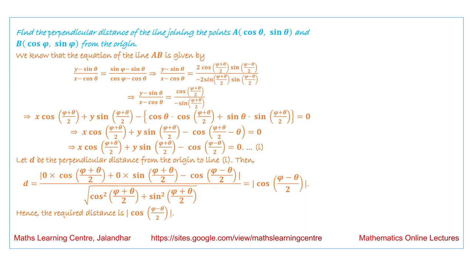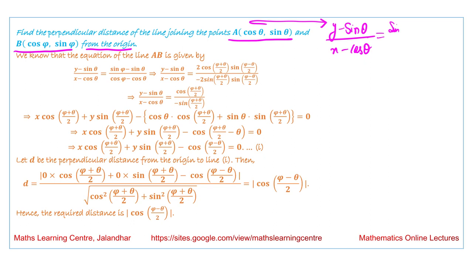Next is, find the perpendicular distance of the line joining the points from the origin. These are the 2 points given. So first of all, we are calculating the equation of this line. So it is (y minus sine theta) divided by (x minus cos theta), that is equal to (sine phi minus sine theta) divided by (cos phi minus cos theta).